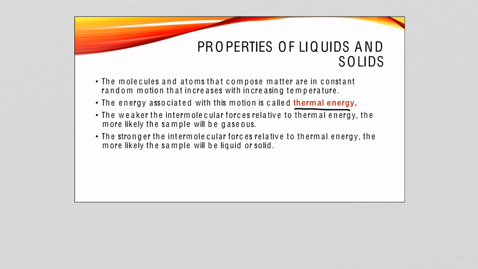And if those forces are weak enough that they break below sort of normal temperatures, right, what we think about as sort of room temperature, then those species will be a gas at room temperature. Right? So materials that have weak intermolecular forces will tend to be gases. Molecules that have stronger intermolecular forces will tend to be liquids and solids.